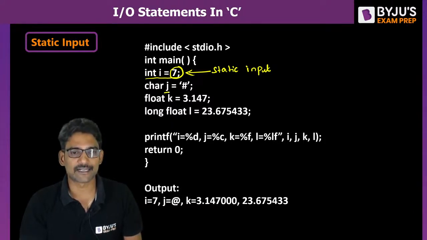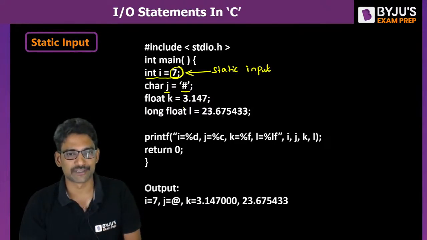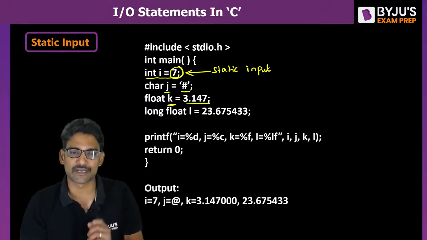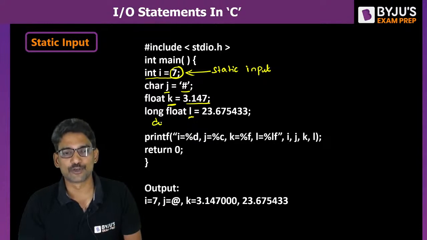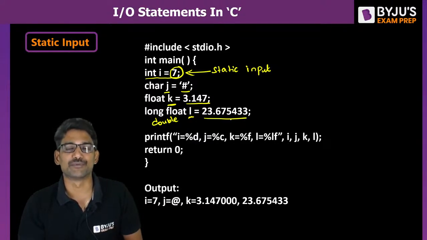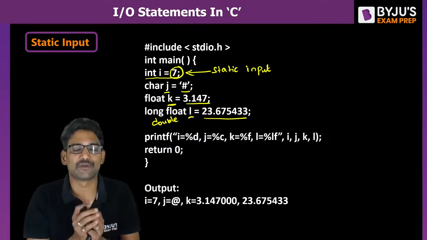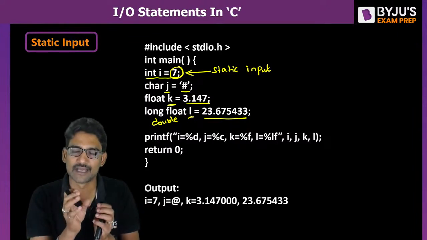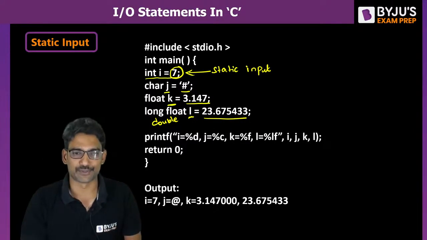Similarly, for character j, I have given a character, hash, as input. For float k, I have given 3.147 as input. For long float or double, long float means double, I have given some value as input. While writing the program only, I have assigned the values. This is what we say static input.